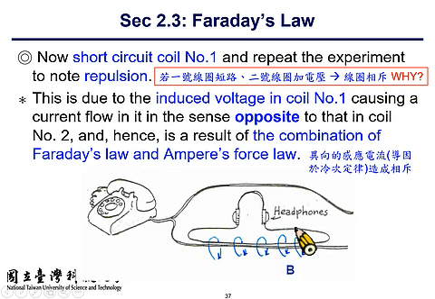And if the other loop is a closed loop, then it will have some induced current.